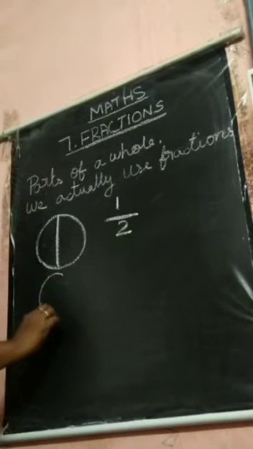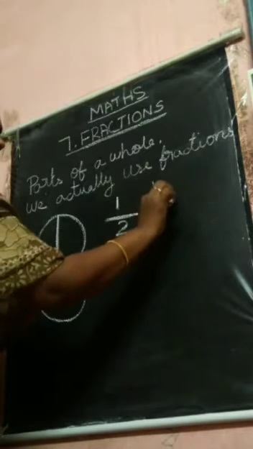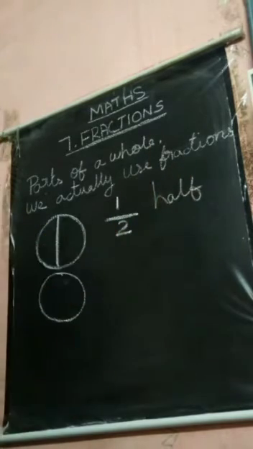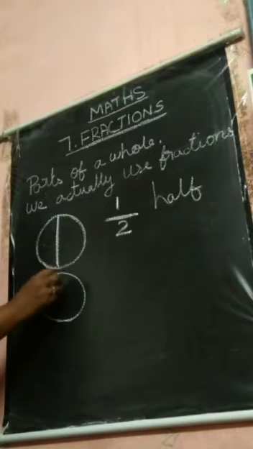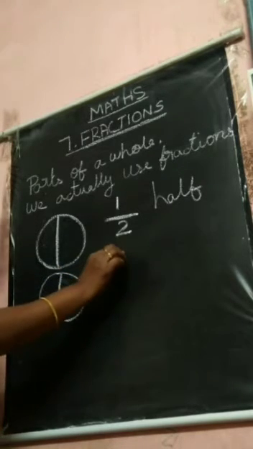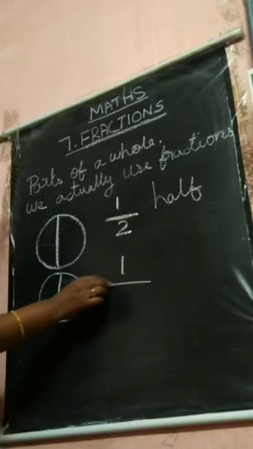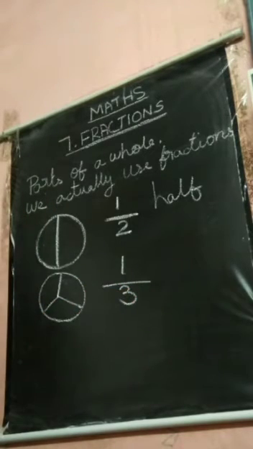Same way, the same pizza, this is half. The same pizza, you make it as 3 equal parts. One pizza is divided into 3 parts.